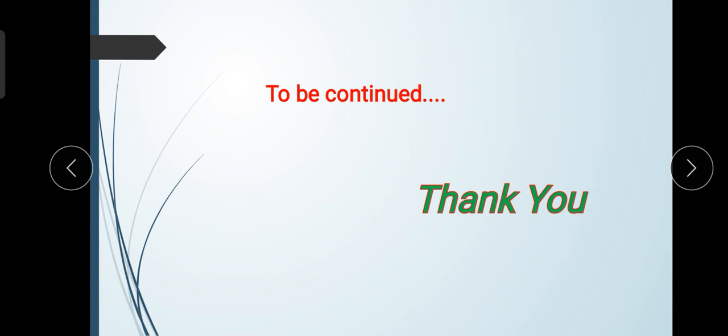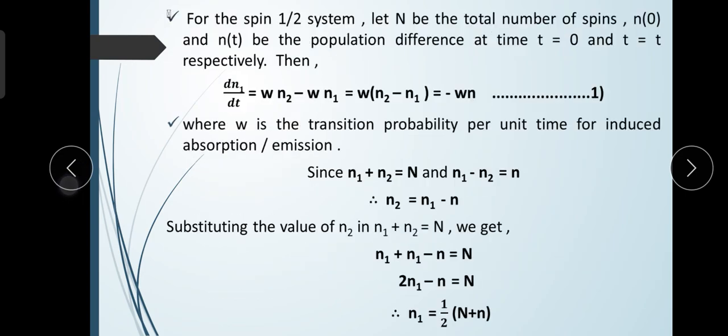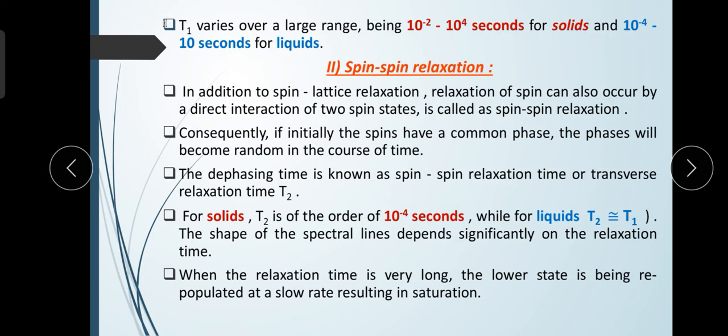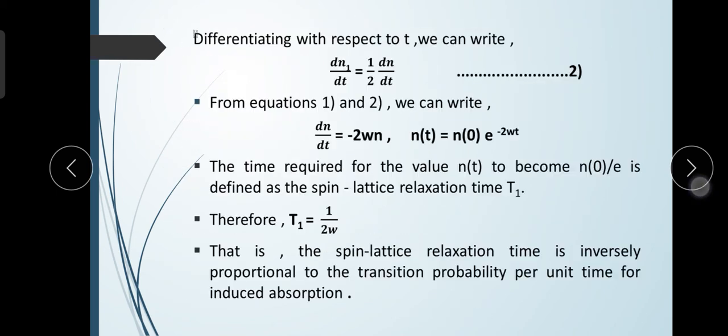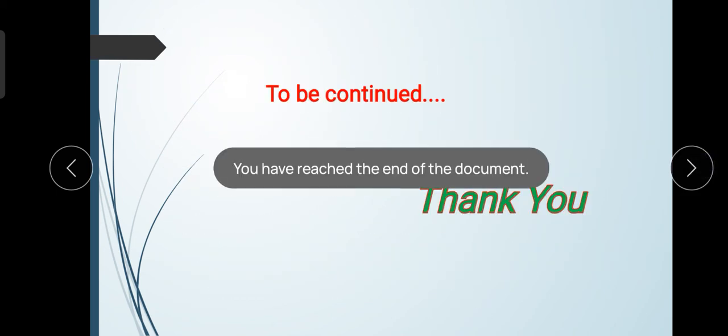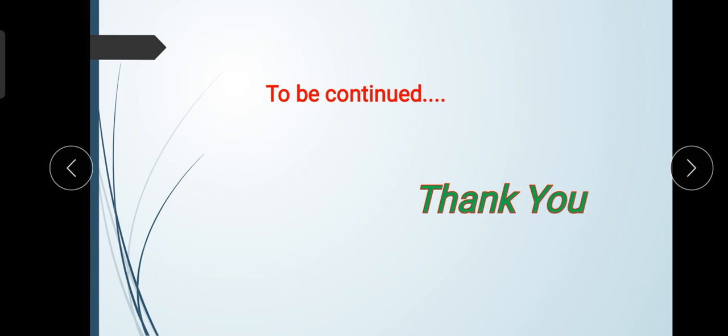That means if we have a very long relaxation time, the lower state is repopulated at a slow rate resulting in saturation, and this affects our NMR spectrum. So the relaxation process is very important in the NMR spectrum. So in this way we have covered the two relaxation processes in NMR.